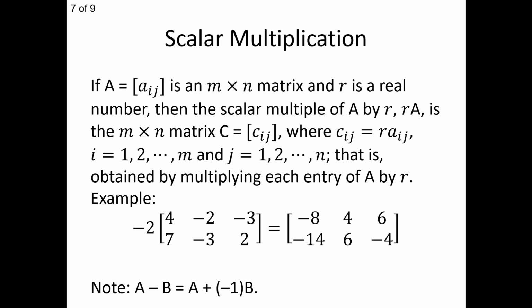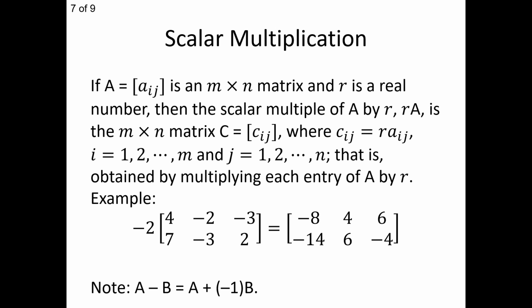We'll call that new matrix C. And that new matrix C will have the ijth element of C be equal to R times the ijth element of A, right? So A's ijth element for each is simply multiplied by R. And again, i and j can be anywhere from 1 to m rows and 1 to n columns.